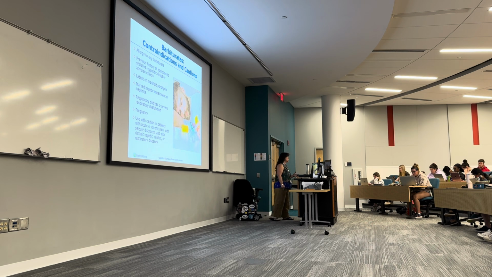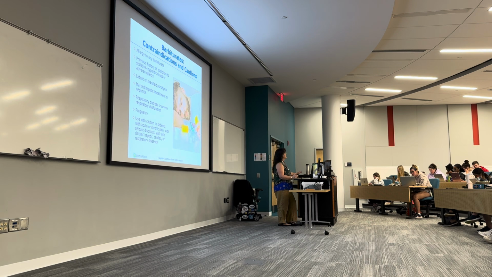Of course, we don't give it in pregnancy, and for patients who have chronic pain, seizure issues, and hepatic, cardiac, or respiratory diseases, we want to watch them, because cardiac and respiratory function can slow everything down, and it can cause decreased liver function. And this is not the first line drug for someone that has seizures, okay? These are such powerful CNS depressants that it's not the first line drug for anxiety or seizures.